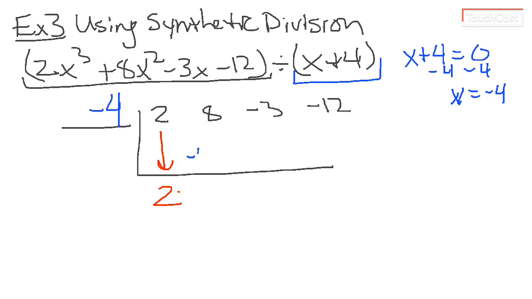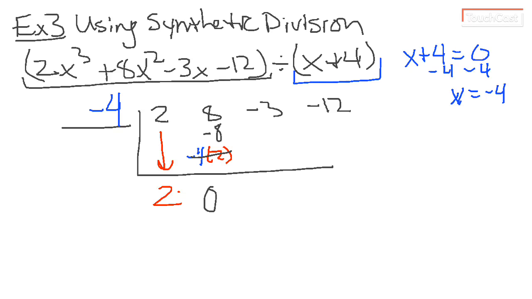We're going to go negative 4 times 2, and we're going to put it right under the 8. Negative 4 times 2, that's just negative 8. Then we're going to add, going down. 8 plus negative 8 is 0.